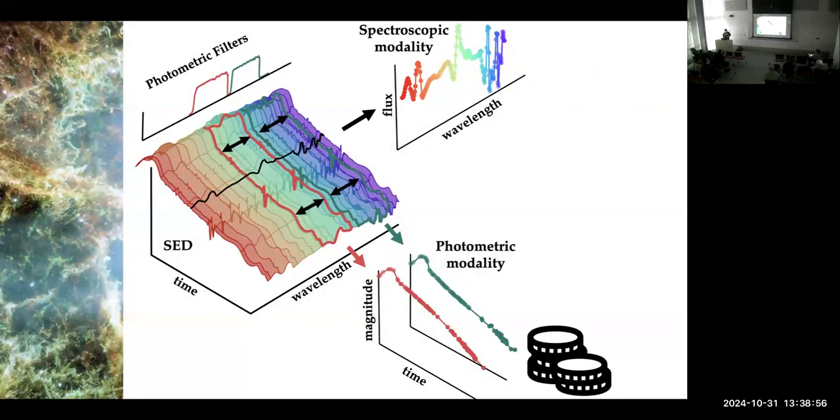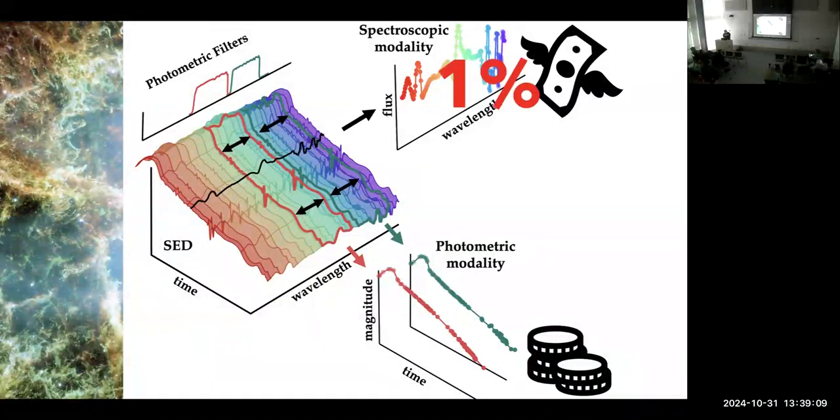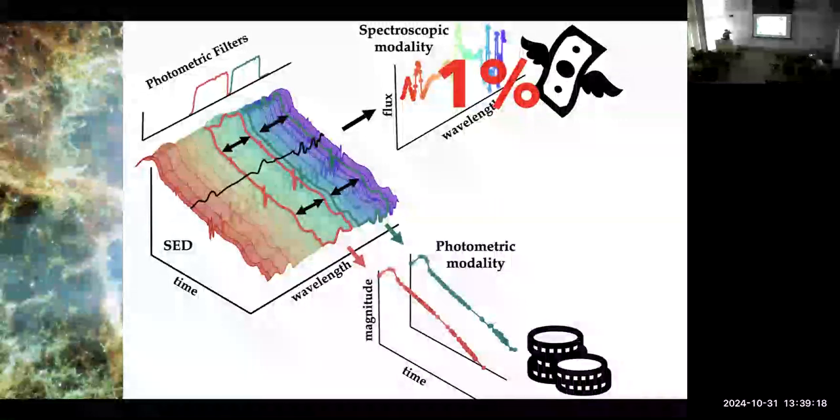Photometric is super cheap, and spectroscopic, because there are long integration times to get each wavelength separately, is very expensive, and only roughly 1% of all supernovae have a spectroscopic follow-up.